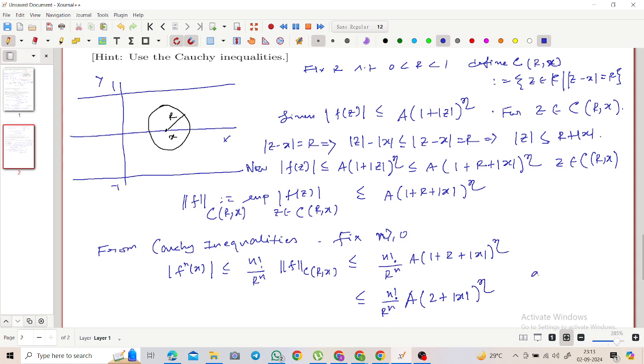Right, as r is less than 1, so 1 plus r is less than 2, so we can do this.